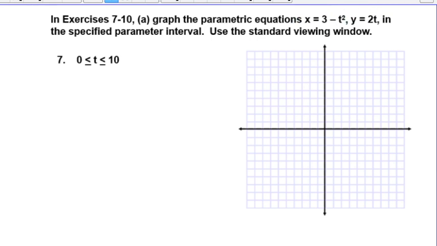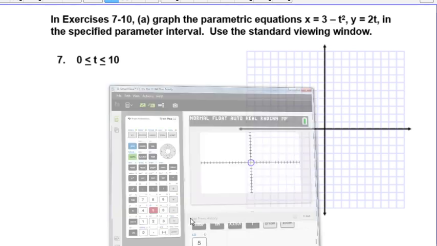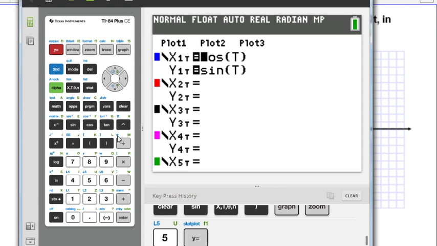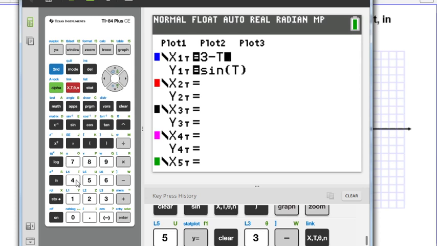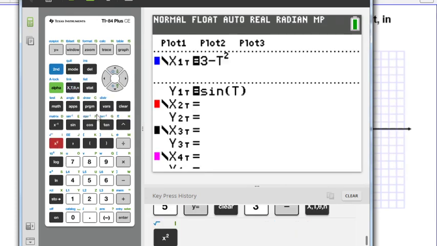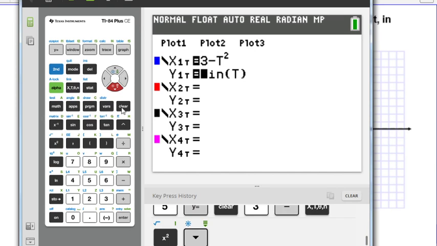So x equals 3 minus t squared and y equals 2t. So we have 3 minus t squared, and we have this one here, 2t.